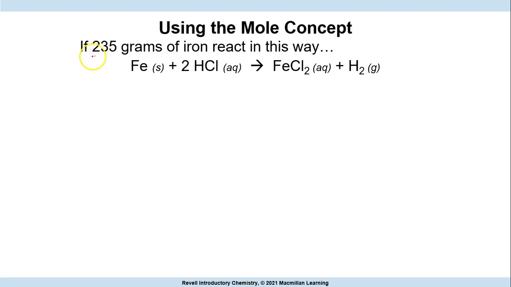Remember, here we've been given 235 grams of iron. So we are going to use this 235 grams of iron to calculate the grams of hydrochloric acid or the grams of iron chloride or the grams of hydrogen. So that is what is called stoichiometry, using the grams of one species to calculate the grams of the other species in a balanced chemical equation.